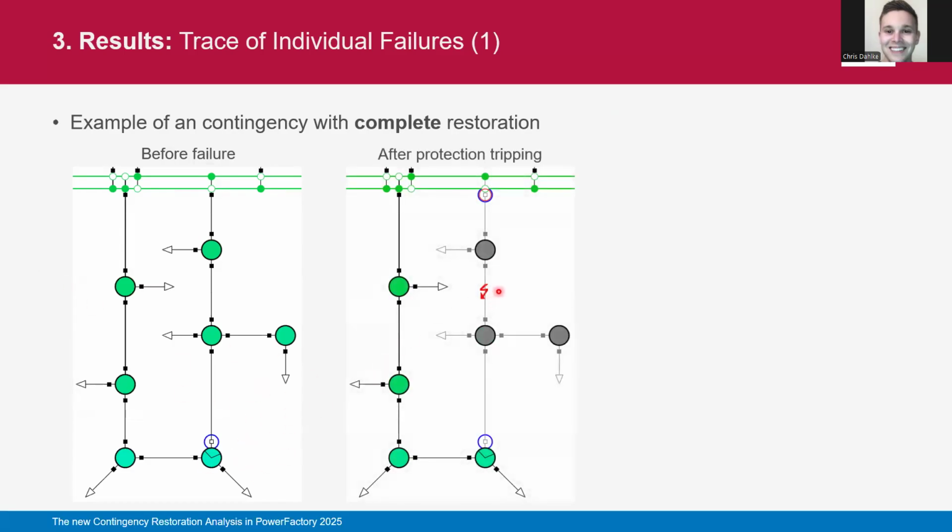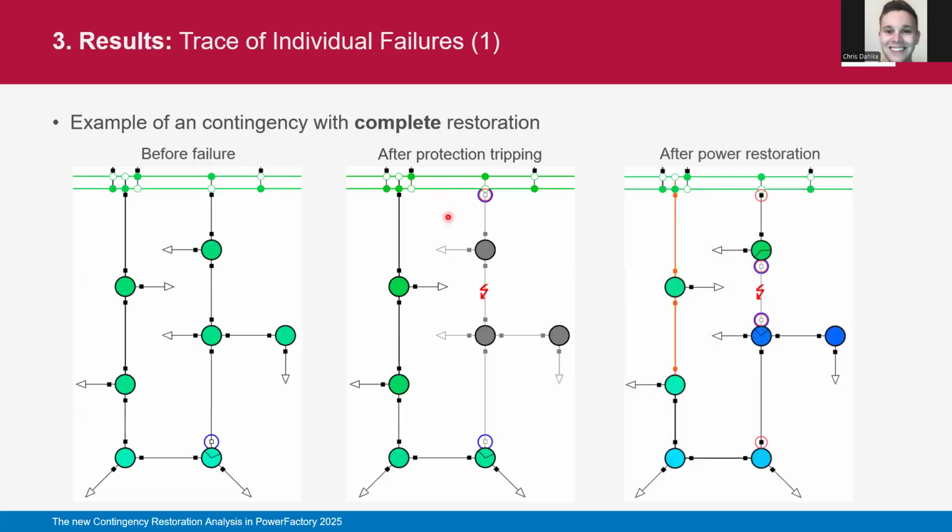But then we have a fault on one of the lines, which leads to a tripping of a circuit breaker in the station here. Therefore, some customers are unsupplied, and in the last step of the failure process, we will get the notification which switches have to be opened to isolate the fault, and which switches have to be closed to resupply everyone.